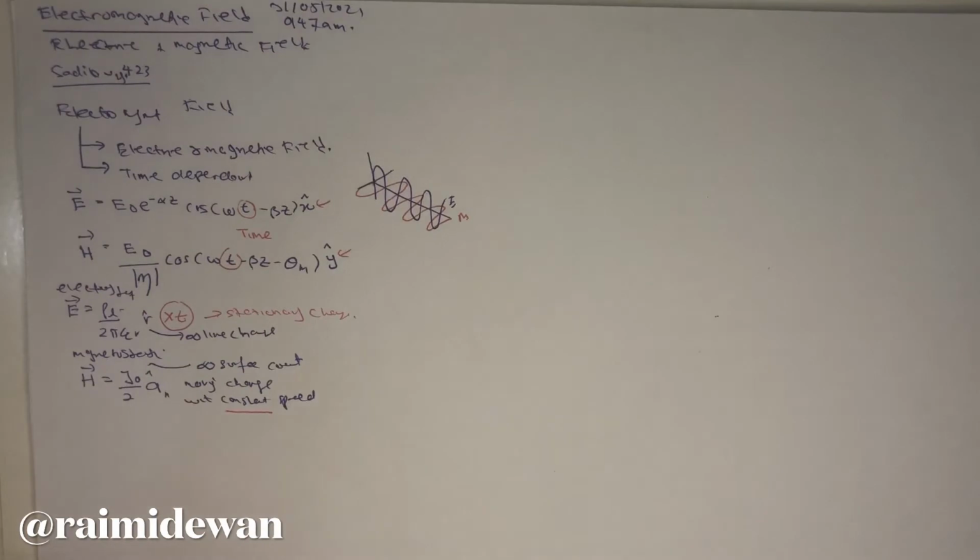One of the sources that we can consider where electromagnetic field can happen is alternating current, AC.